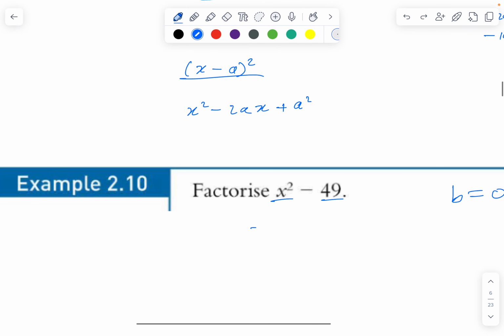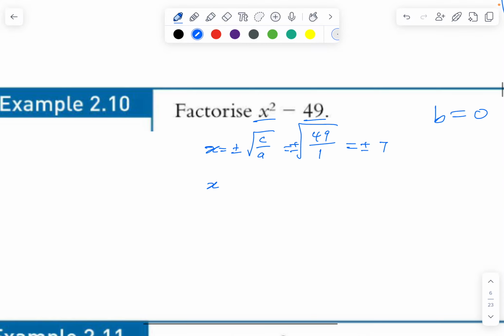Let's go back. x equates to plus or minus the square root of c over a. And c is 49, and a is 1. So that's plus or minus the square root of 49, which is 7. So the answer is basically x equals plus or minus 7.